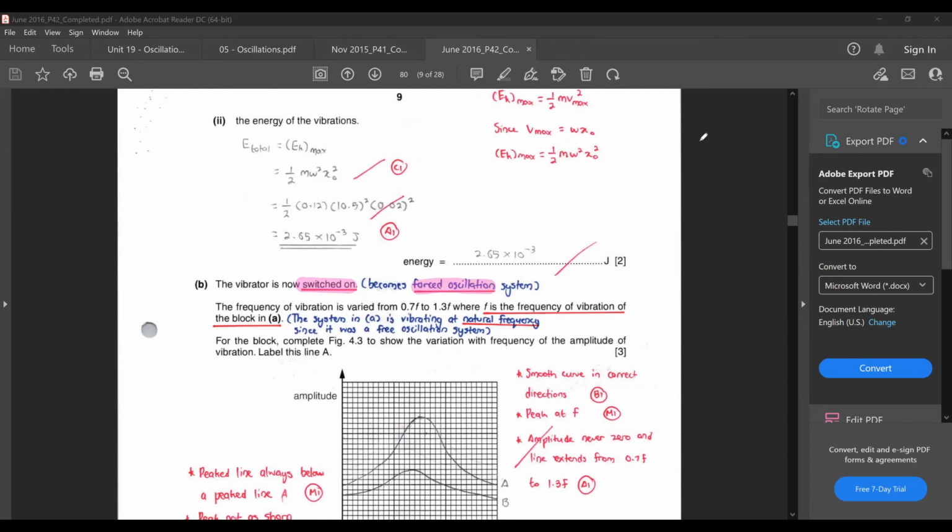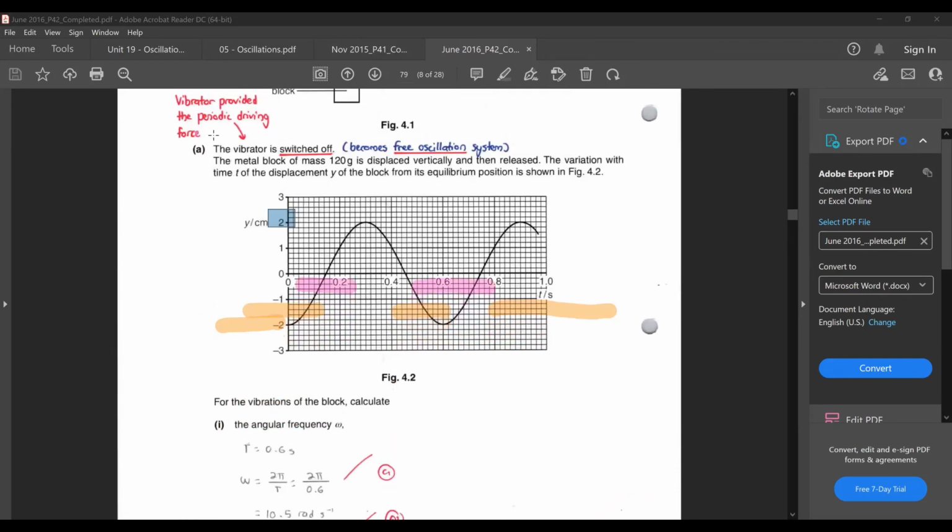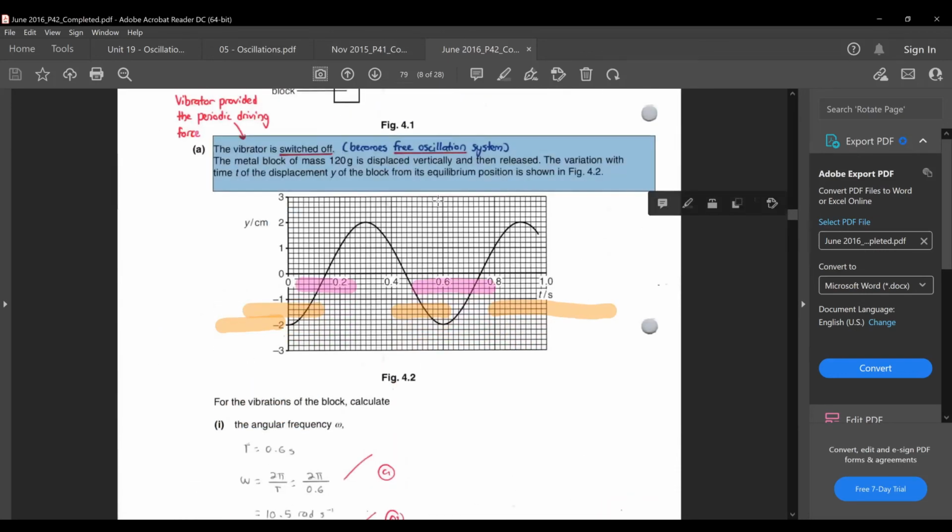They tell you that the frequency of vibration of your vibrator is varied from 0.7 F to 1.3 F, where F is the frequency of vibration of the block in A. Your block in A is where the vibrator was switched off.